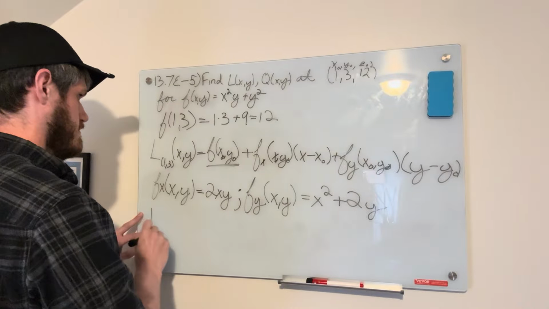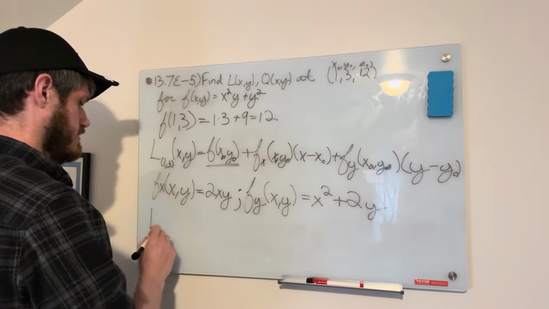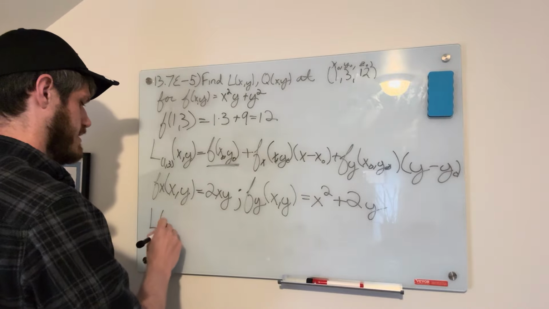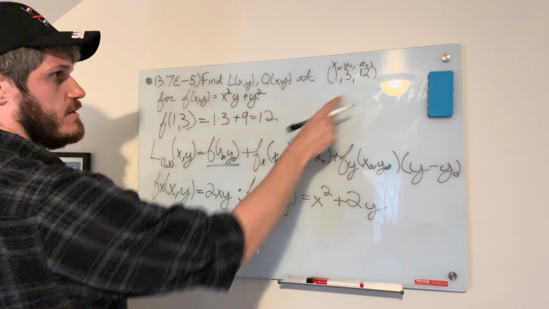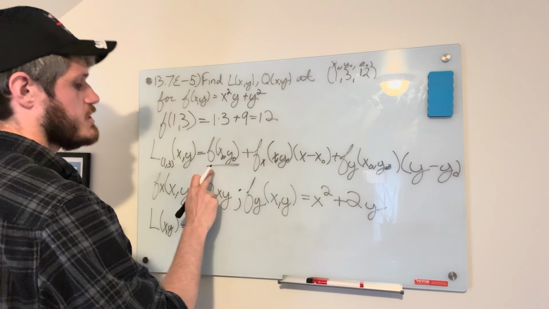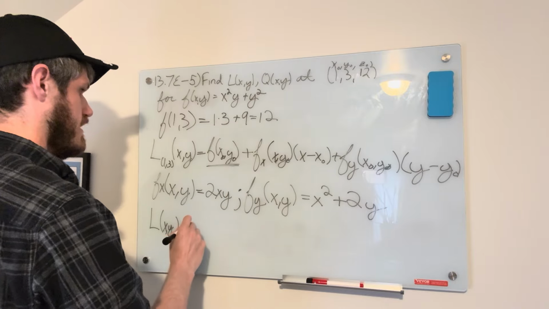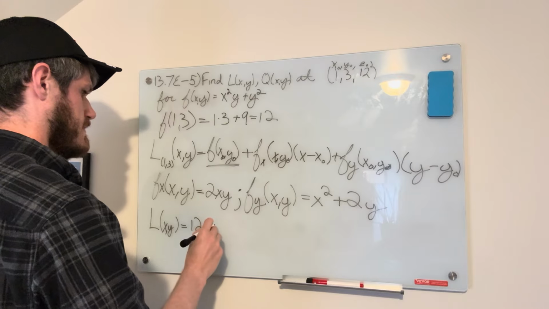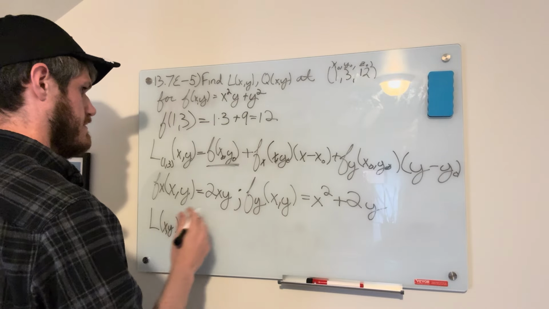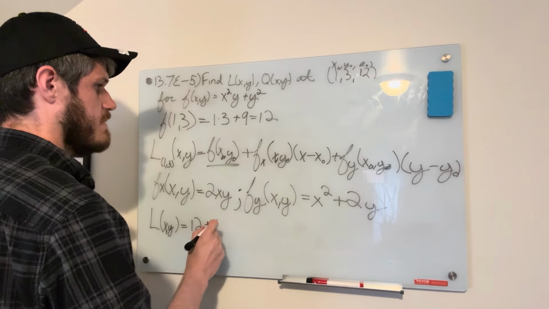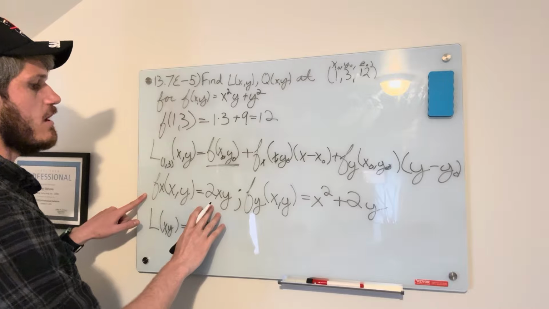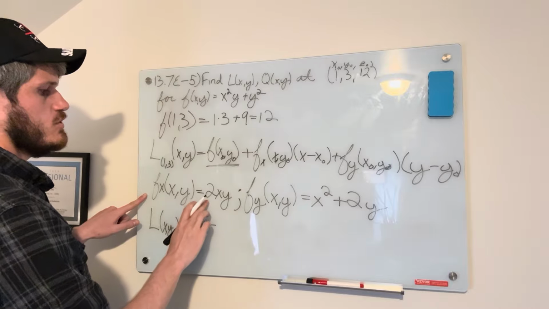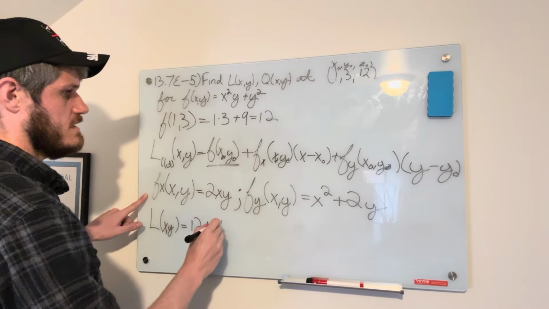And then, using that information, you can build your linear approximation. So this evaluates to 12. Our function at the points that we have evaluates to 12. And then, for the sake of space, maybe I'll just assume you can follow along. 2 times 1 times 3 is going to be 6.